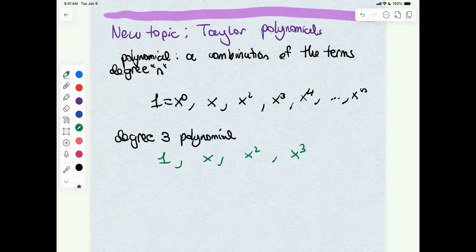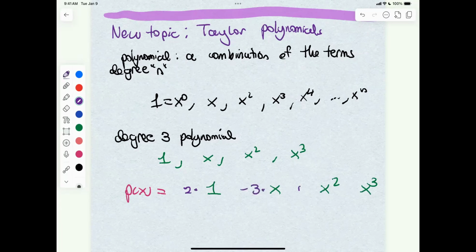So a polynomial could be something like 2 times 1 minus 3x plus 1 times x squared minus 4x cubed, which you would then write as 2 minus 3x plus x squared minus 4x cubed.